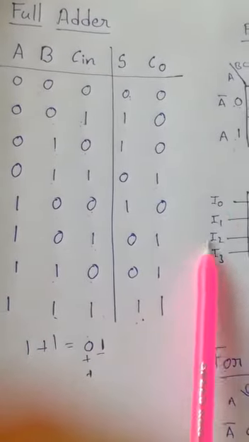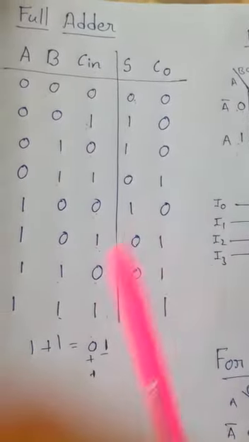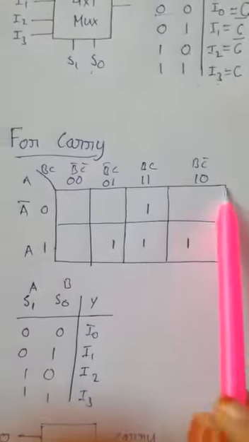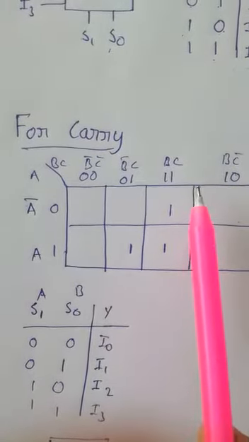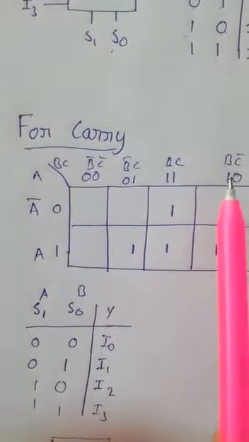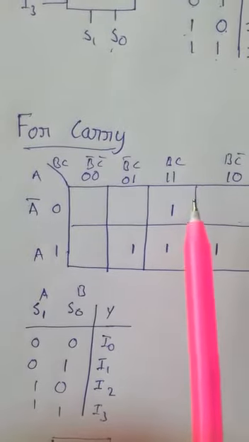Now we are going to represent these ones in the coordinate map of carry. We have represented this. And now we are going to write the 4:1 multiplexer for this carry coordinate map.